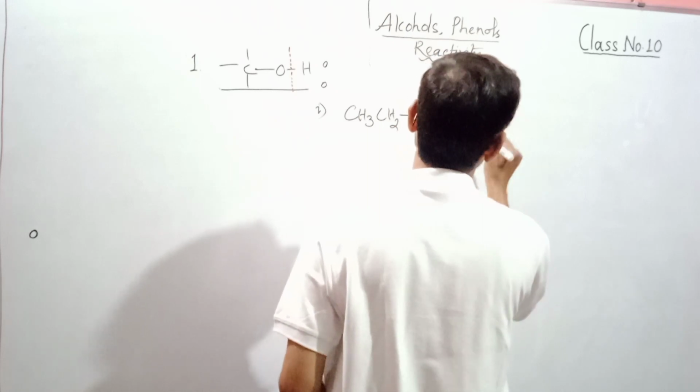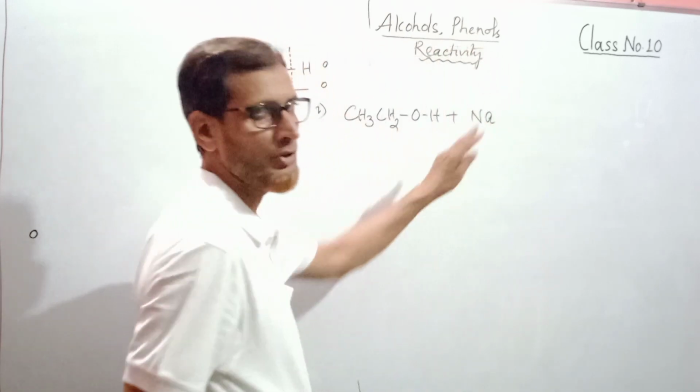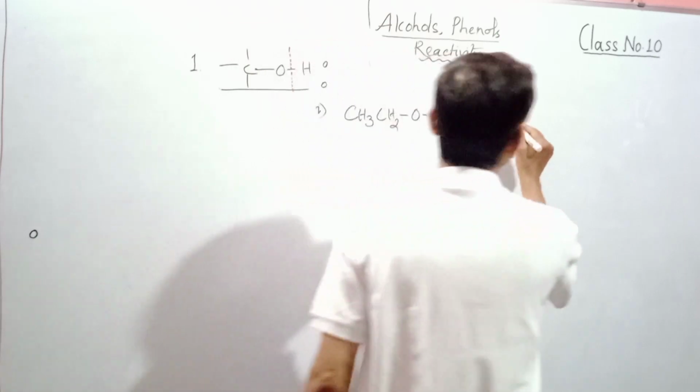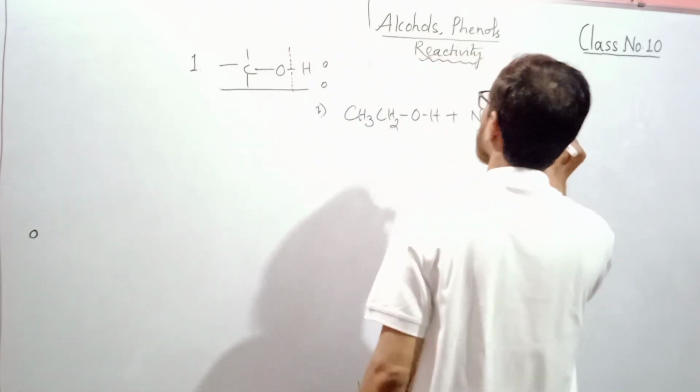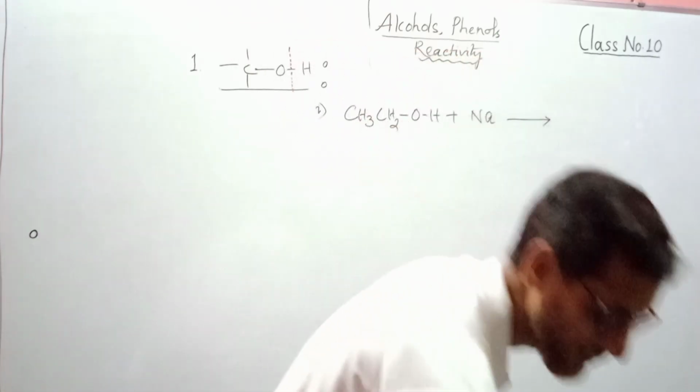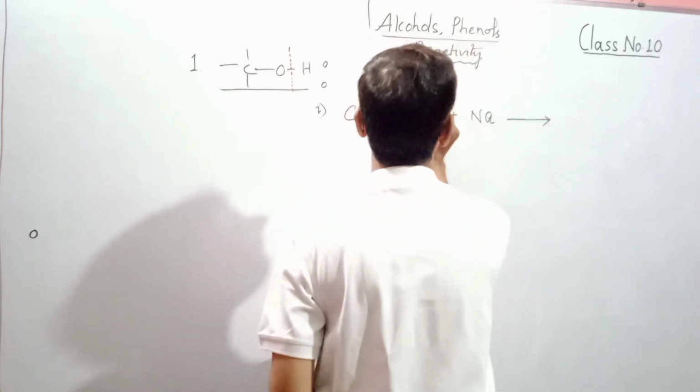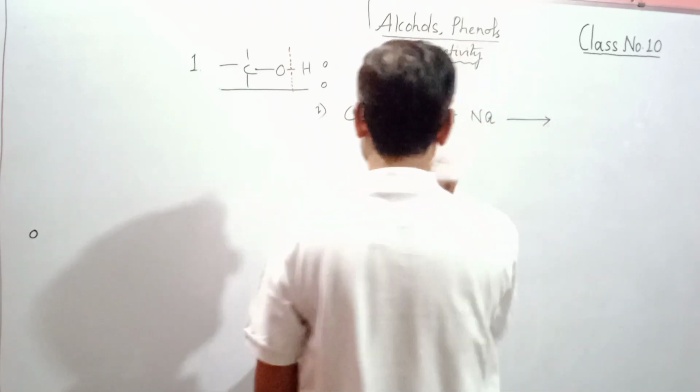I am not balancing the reaction. It is 2 like this, 2. I am not balancing the reaction. The breaking occurs.